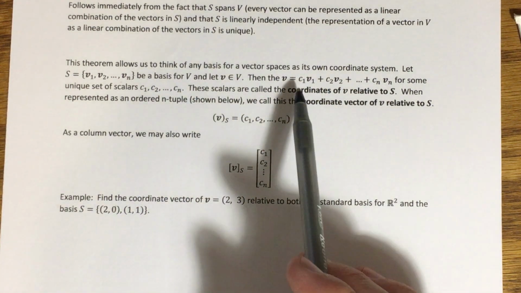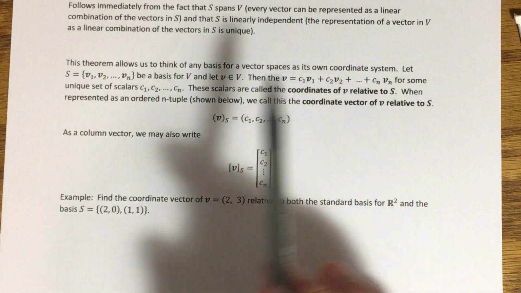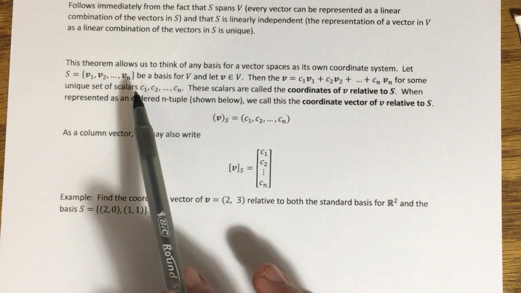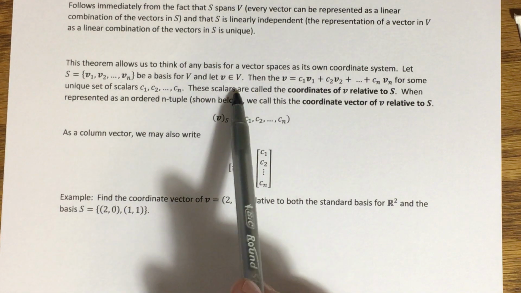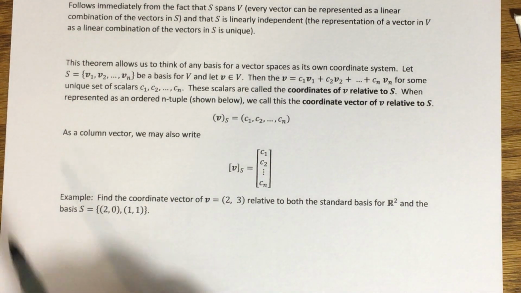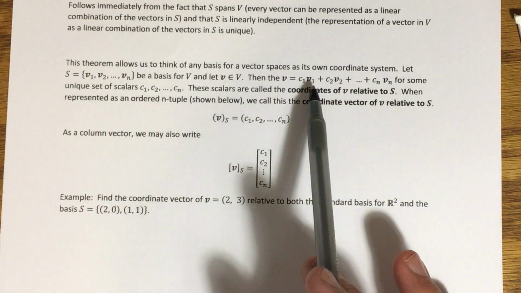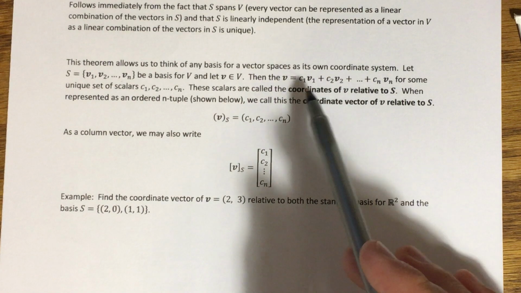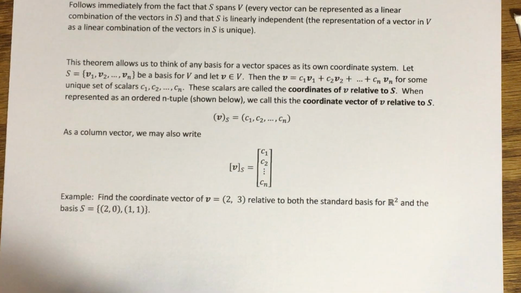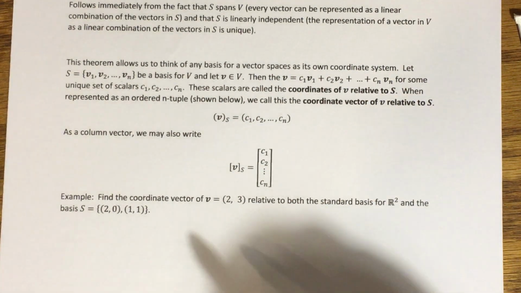Okay, so those scalars in particular, C1 through Cn, are what we're going to call the coordinates of the vector V relative to the basis S. And notice they depend on what these V's are. In a different basis, these scalars would have to be something different to give us that vector V. Hence the relative to S part of this.